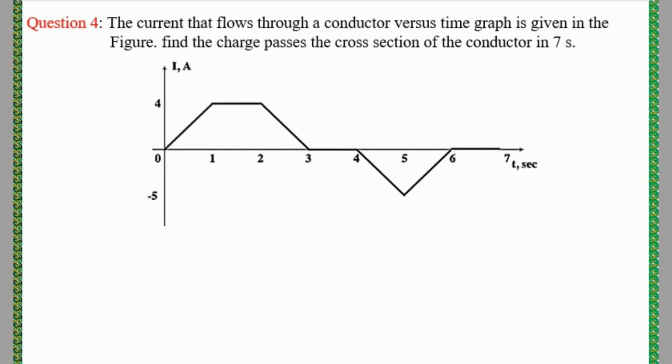The needed time is 7, which is here. And since Q equals the integration of I dt, the integration is the area under the graph.